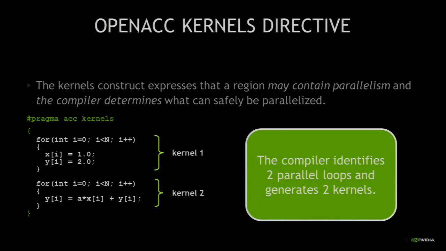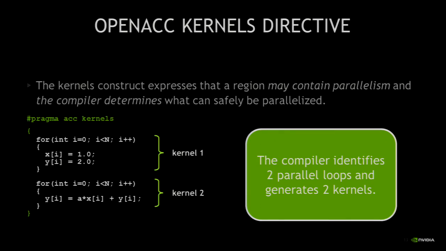The first OpenACC directive that I want to tell you about is kernels. This is a very simple one, and all you need to do is just put pragma acc kernels, and then you have some code, and the compiler will try to figure out whether I have any parallelism there, can I create some kernels from that code, can I move it to the GPU, so it will do everything for you.